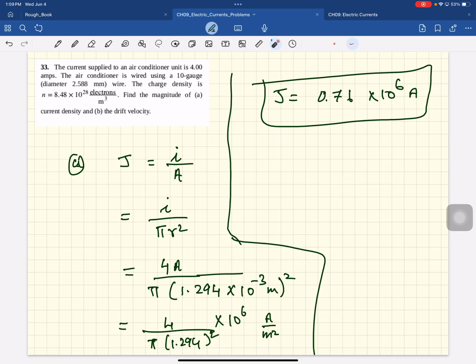I want you to find the drift velocity. Now the current density is given as n times the charge, since it's electrons that are carrying the current, times the drift velocity. So the drift velocity is J over n e.